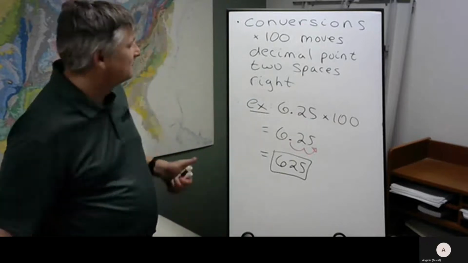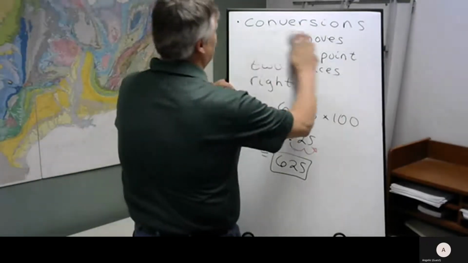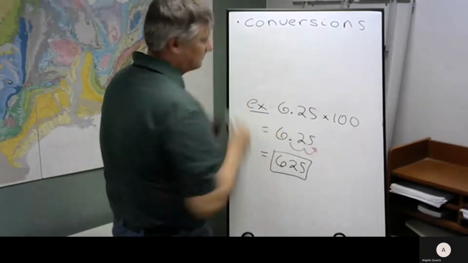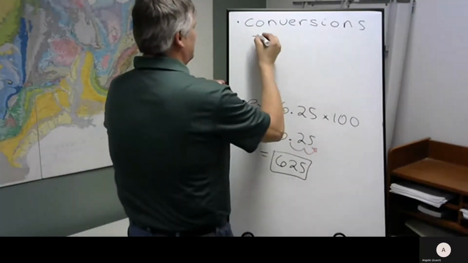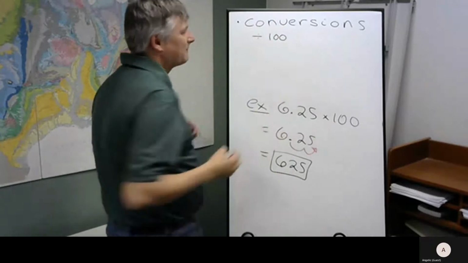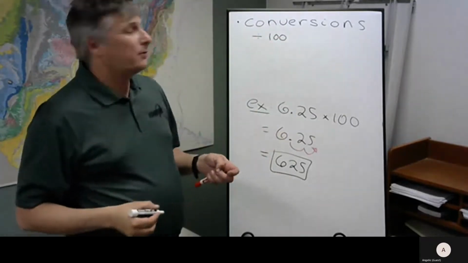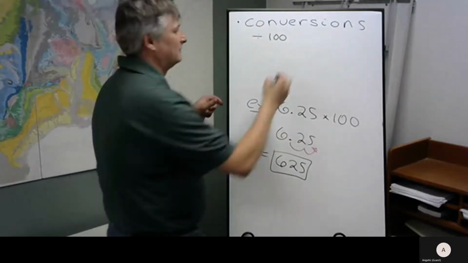Another one. Dividing by 100. This moves your decimal point 2 spaces to the left.